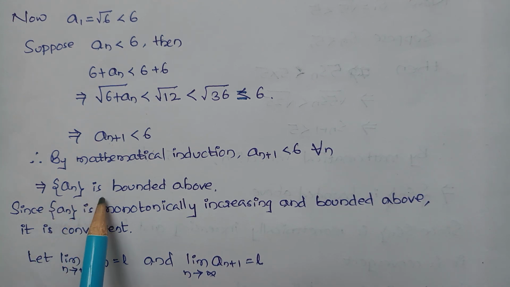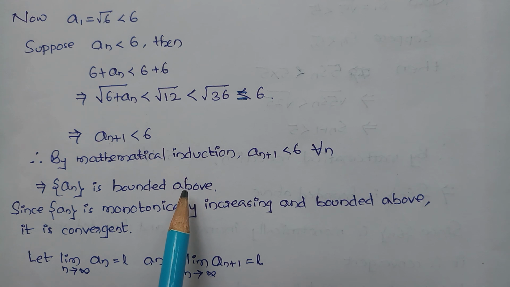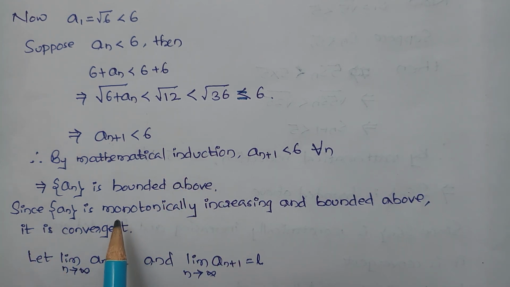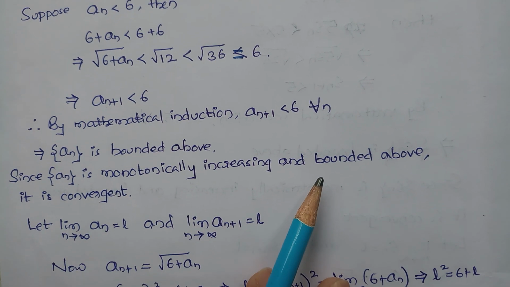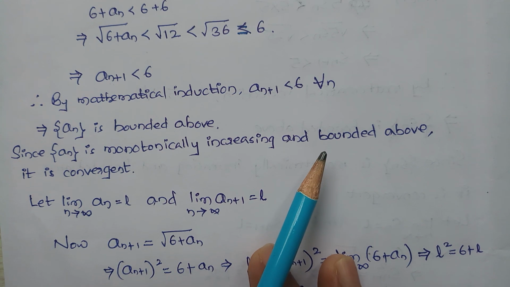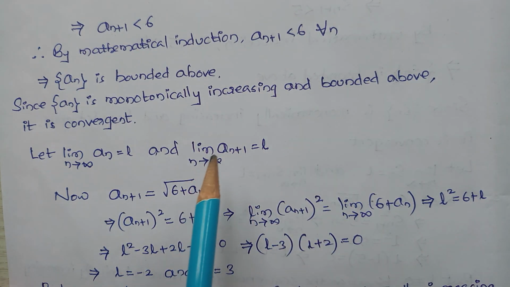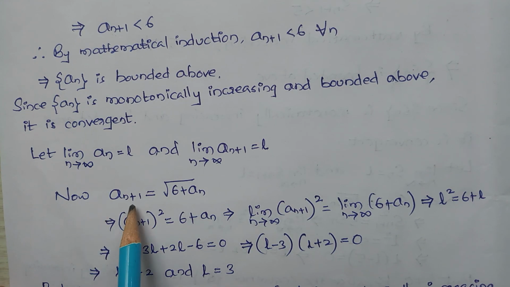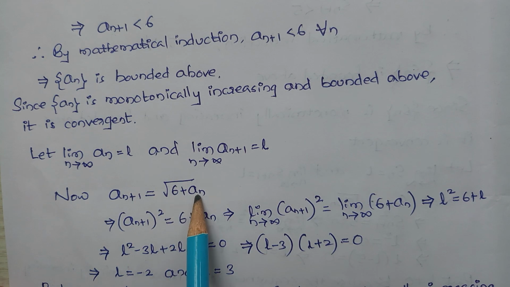Therefore the sequence an is bounded above. Since an is monotonically increasing and bounded above, it is convergent. So let the limit as n tends to infinity of an be L, and the limit of a(n+1) be L. Now a(n+1) is equal to root of 6 plus an.